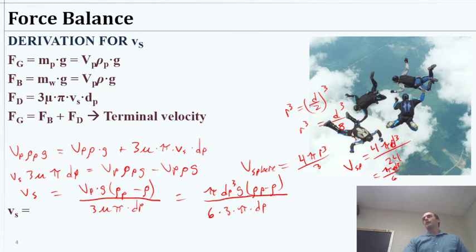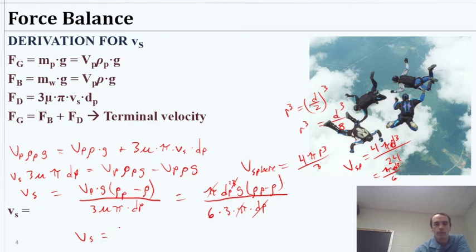Okay, so then we can do some simplification and get a nice, neat equation for our Vs. So with that, Vs here is equal to, the pi's are going to cancel, the dp's will cancel to an extent, so this will become 2 here.